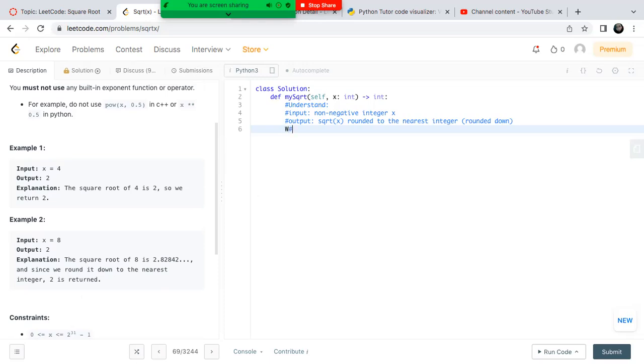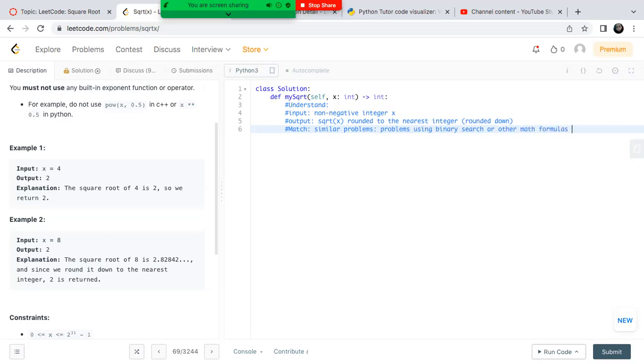So let's go on to the next stage of our UMPIRE method to solve this problem. So we have match. Similar problems are problems using binary search or other math formulas.